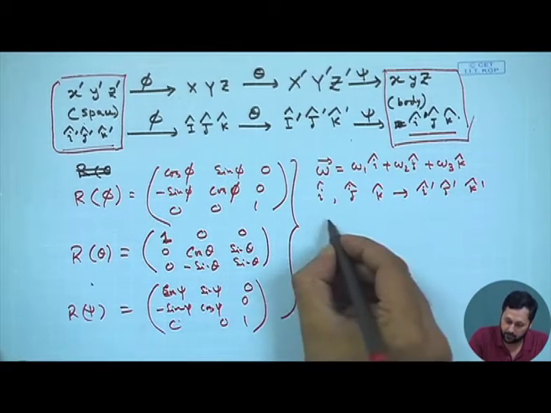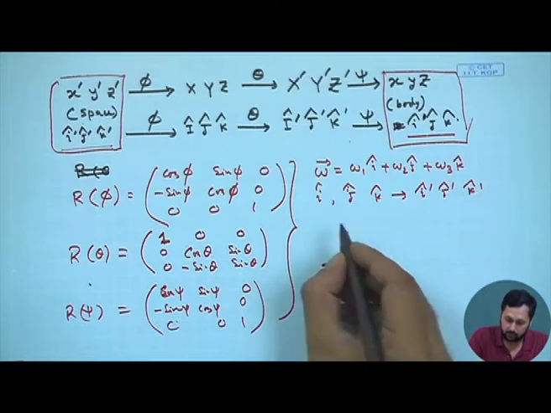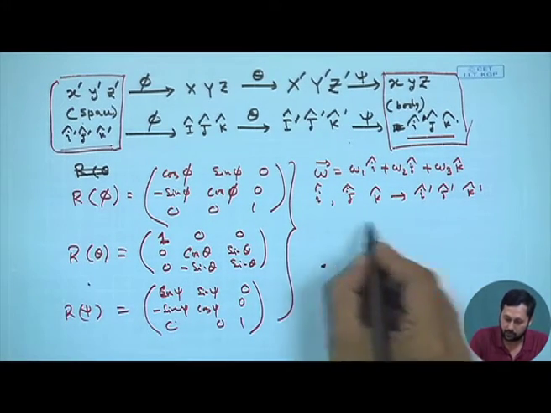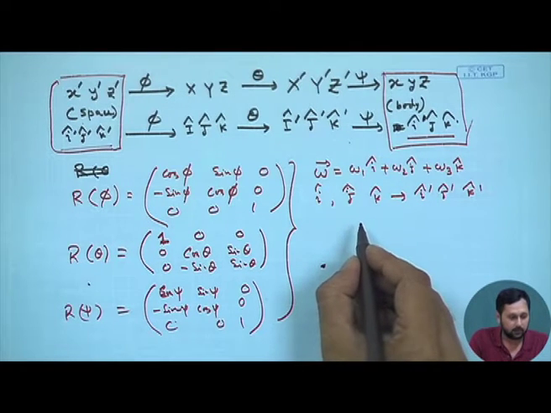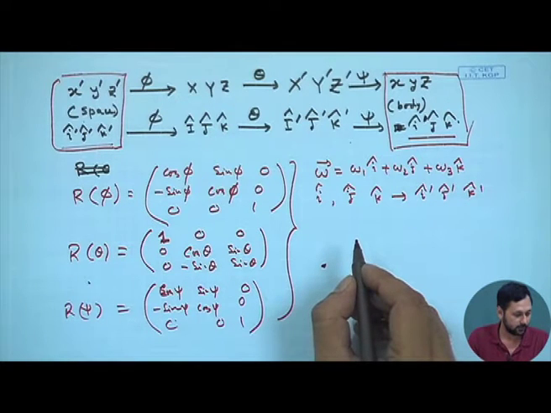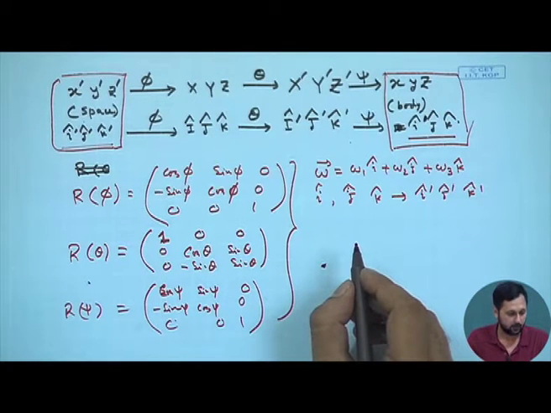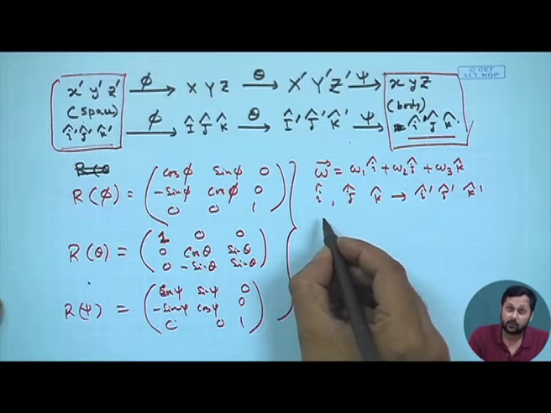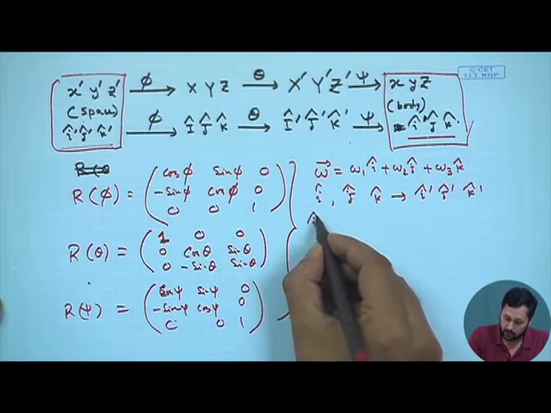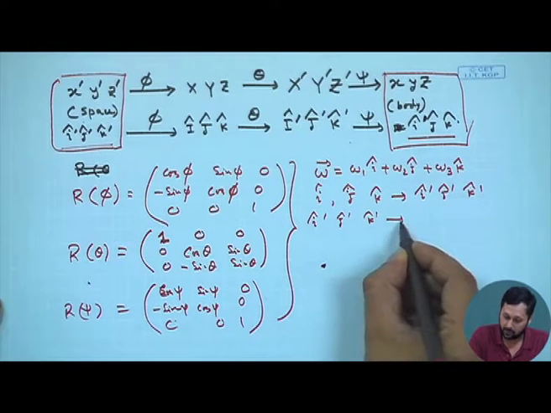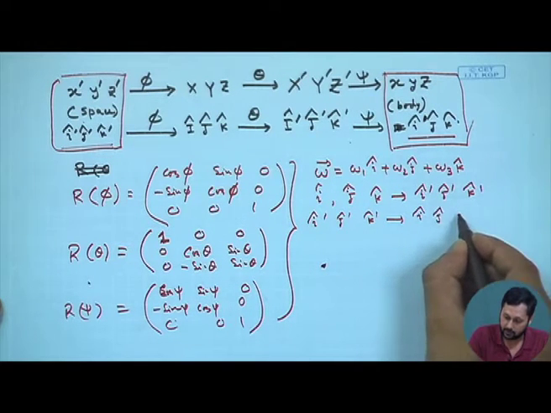Also, we can write i prime, j prime and k prime in terms of i, j and k.